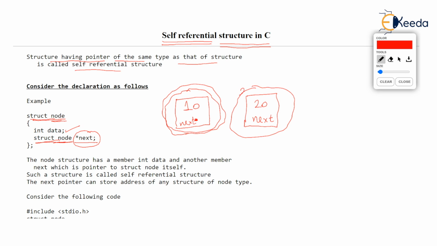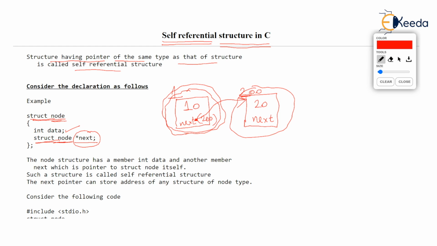I'm saying the base address of this structure is 200. Then this next pointer can literally store 200. That means this next pointer will point to this second structure. Of course, the first structure will also have some address, let's say 100.